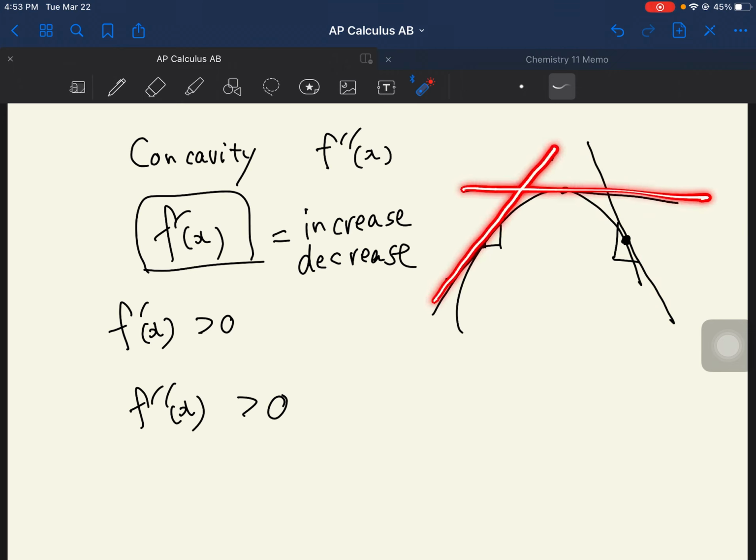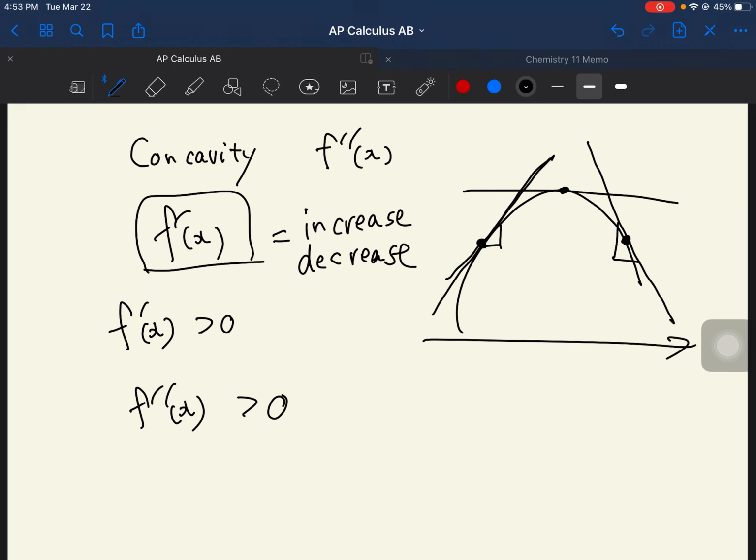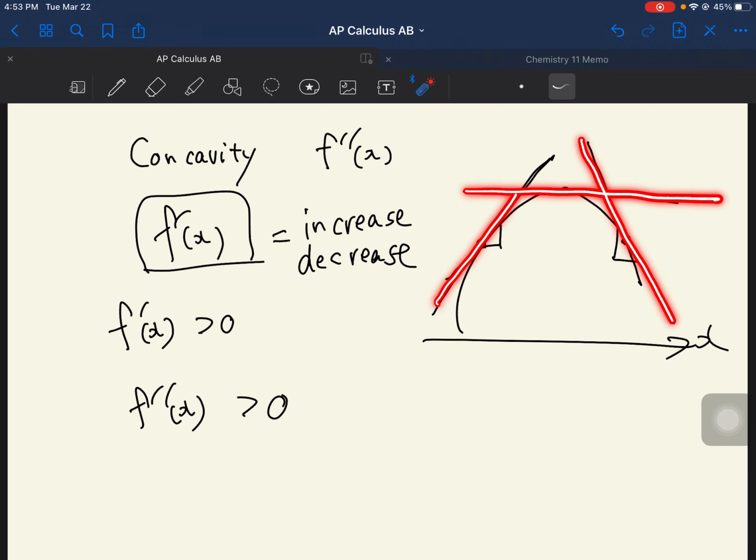But in this case, look at this slope as x increases. Okay, let's say this way is x. As the x value increases, the slope is decreasing, isn't it? At first it's positive, but the next one is getting close to 0, and it's also getting close to negative.